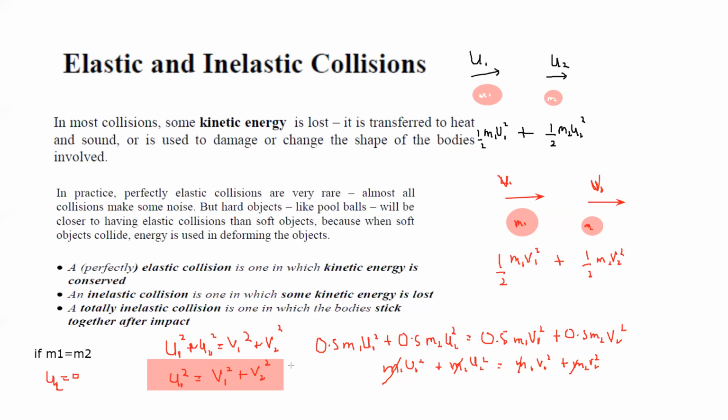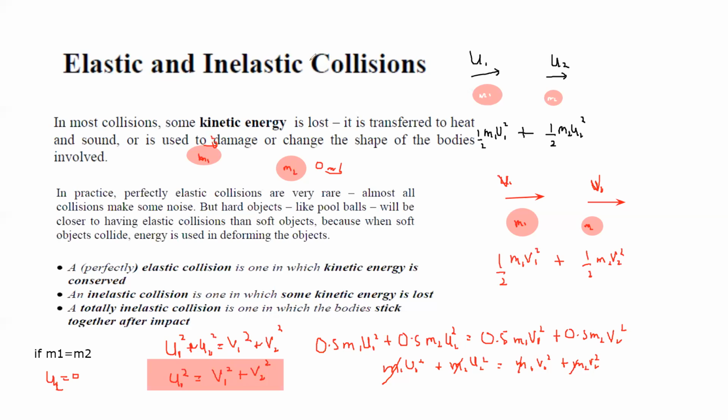It means when two objects are colliding with each other, if object 1 collides with object 2, object 2 is stationary at rest, and object 1 was moving with the velocity u1.